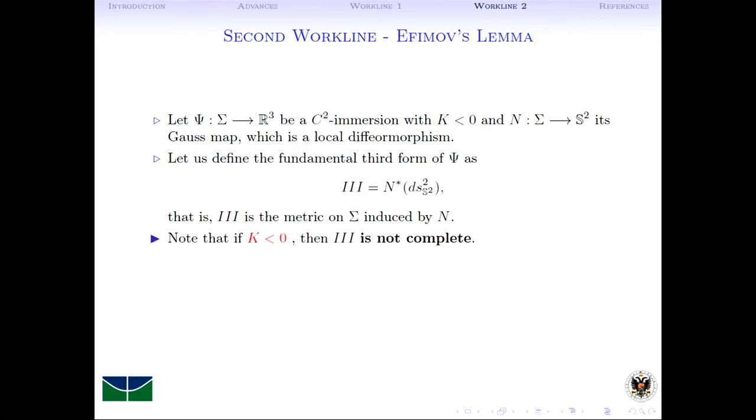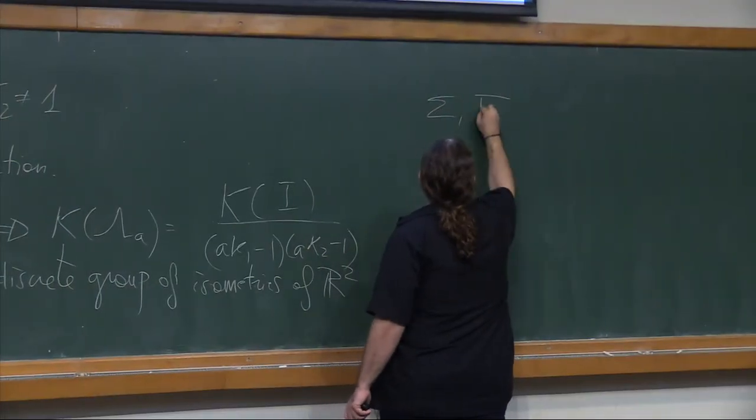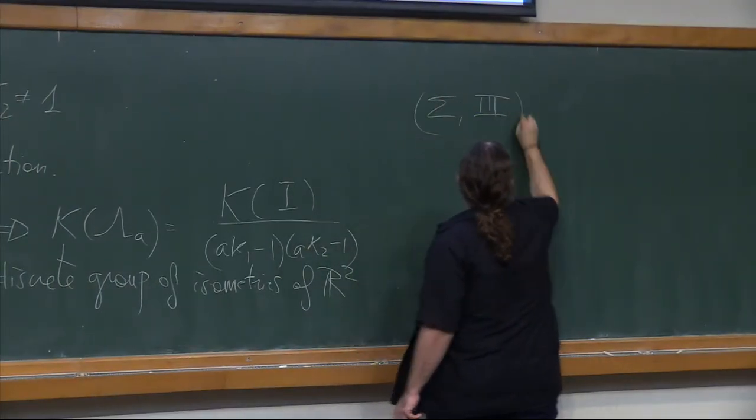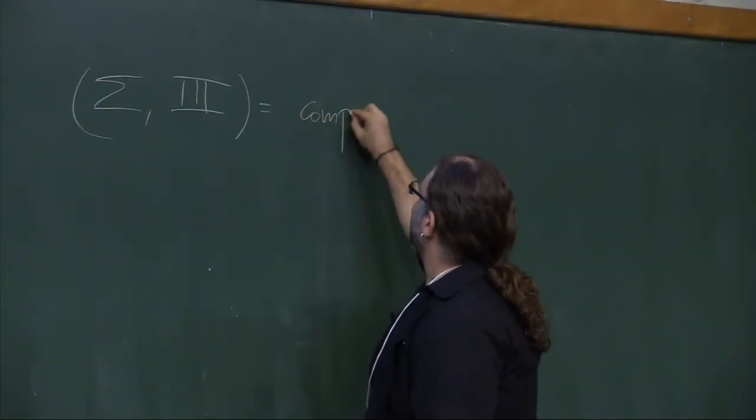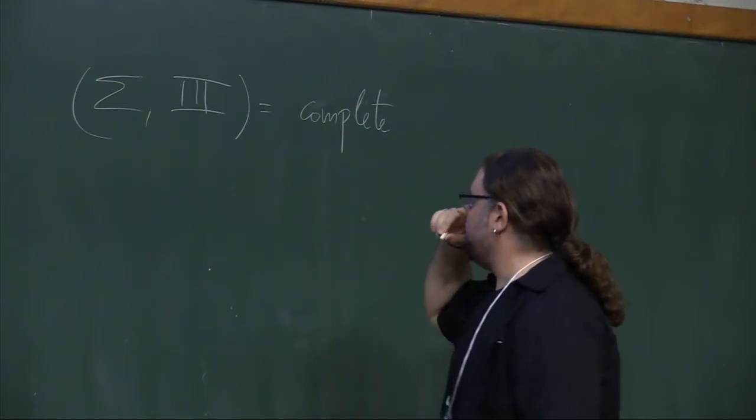If K is negative, then III is not complete. Suppose that the surface endowed with this metric is complete.